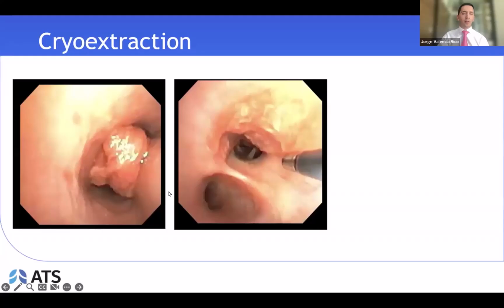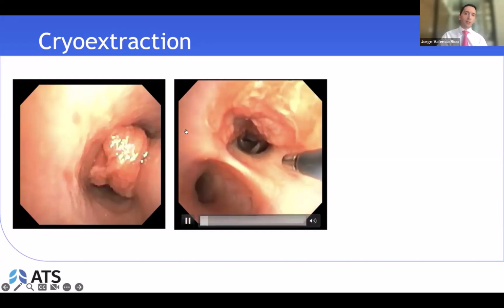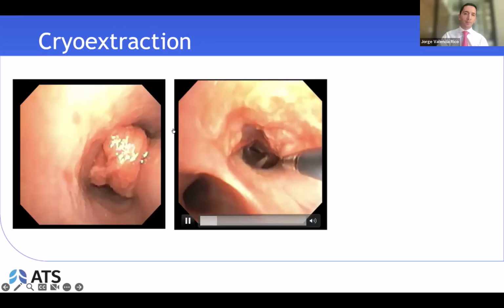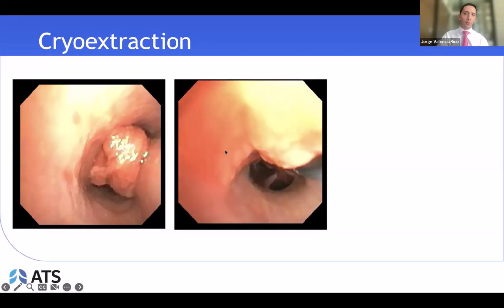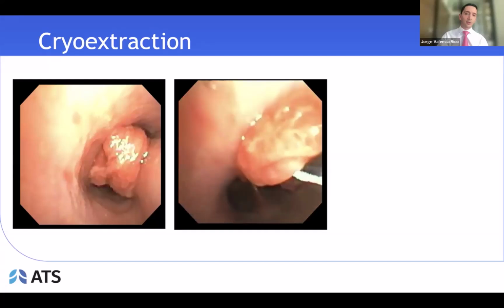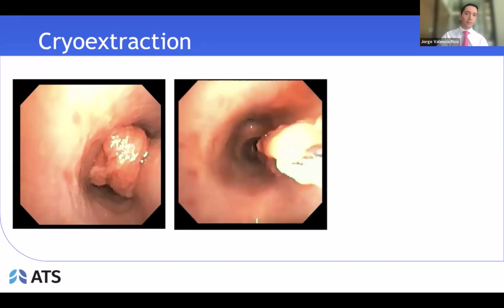This is an example of the use of cryotherapy. To the left, you can see a cast in the right side, and this is us using the cryoprobe to extract this cast. You're just coming in contact with the tissue. You want to be as far as possible from the airway and the healthy mucosa, the walls. That's the freezing, and that's the extraction portion.